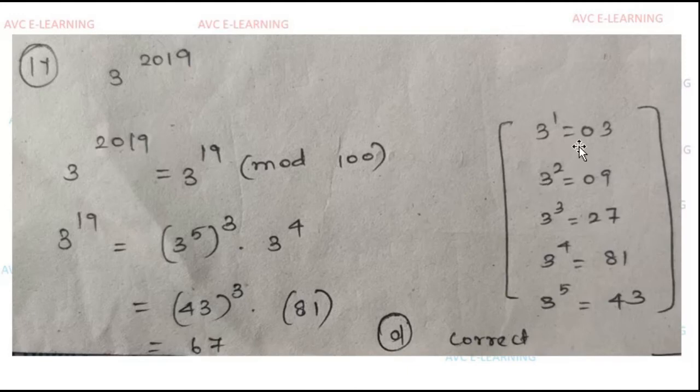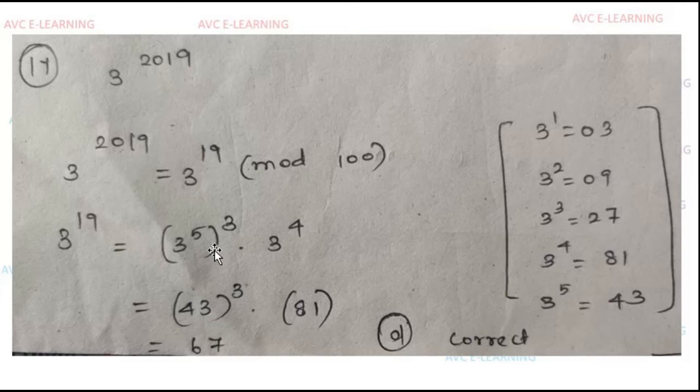Here 3 power 1 is equal to, for the last 2 digits, 03. 3 square is equal to 09. 3 cube means 27. 3 power 4 means 81. 3 power 5 means 43. 3 power 19 can be written as (3 power 5) the whole cube into 3 power 4, so the last 2 digits of 3 power 5 are 43.